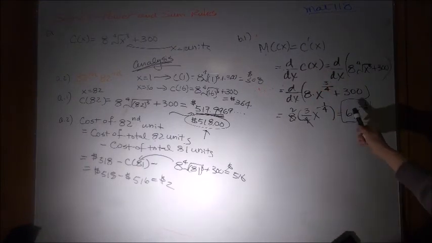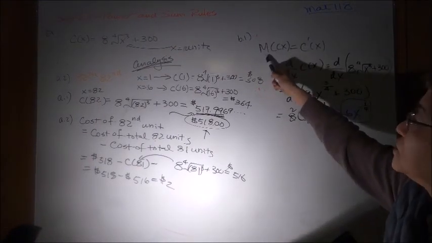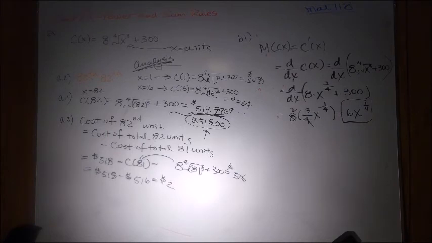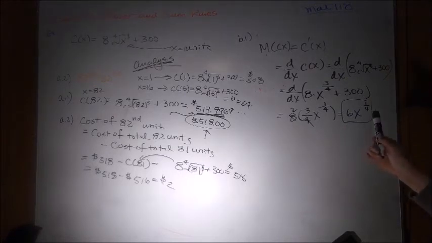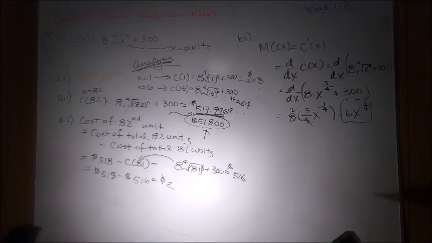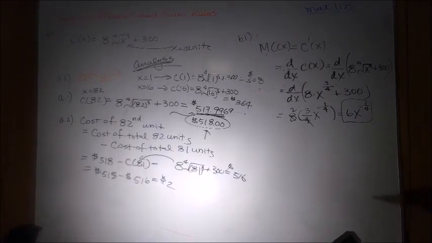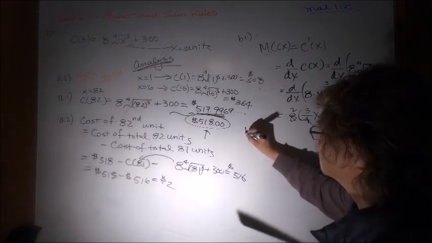At the same time, it means what? Marginal cost, right? According to this marginal cost, if I wanted to find the marginal cost when 81 flashlights have been produced, and interpret your answer.